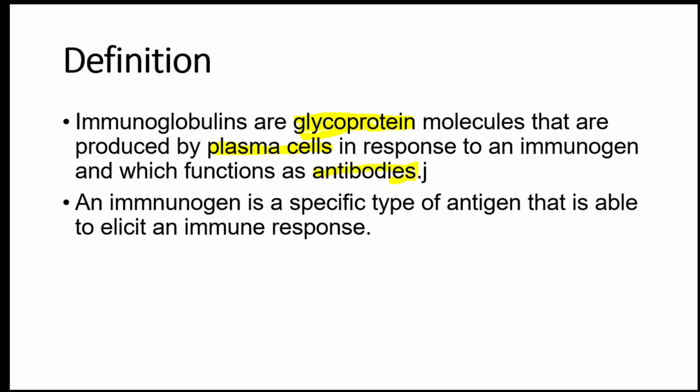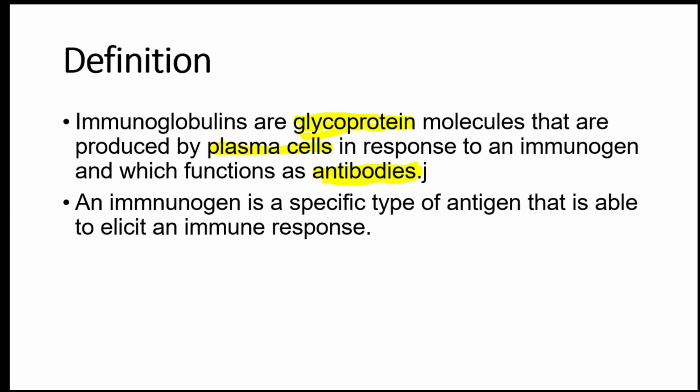There are some infections where you never even get any kind of symptom, but these antibodies are able to fight them. So in the definition here, the key points: immunoglobulins are glycoprotein in nature, that is one, produced by plasma cells, and they're only produced in response to an immunogen.